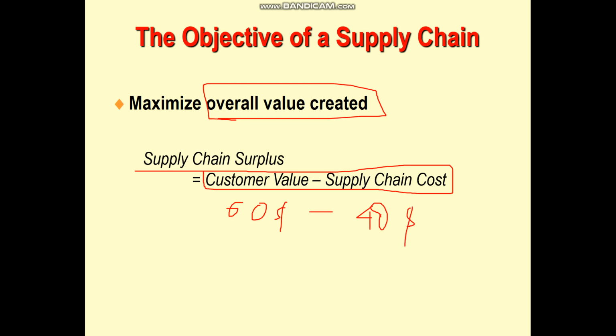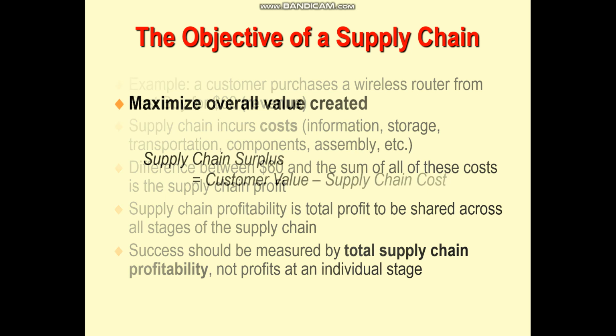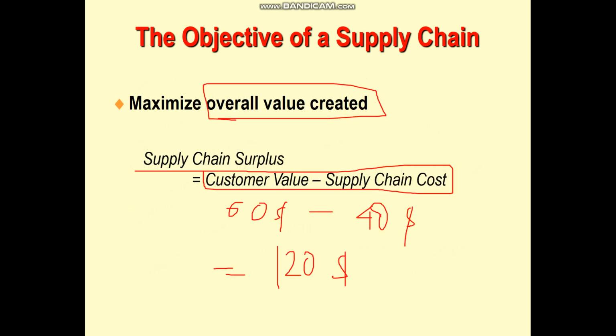So we will have the supply chain surplus, or the overall value created, of $20. Okay. So we try to maximize this value.